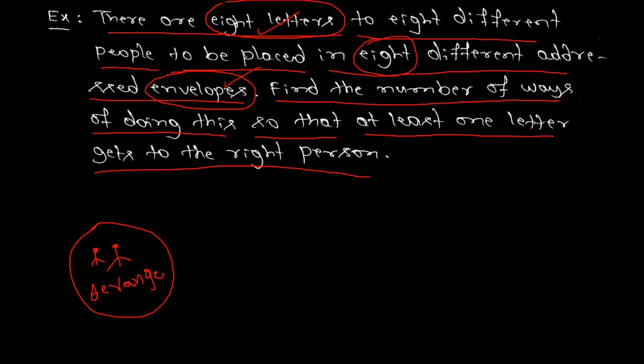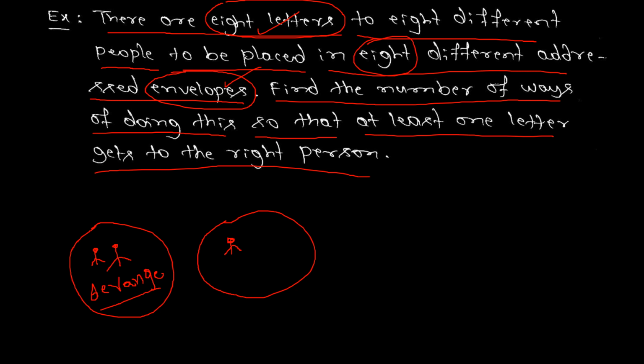Next possibility is the set of all possibilities where one person gets a right letter. That means one letter has been correctly enclosed in a right envelope.